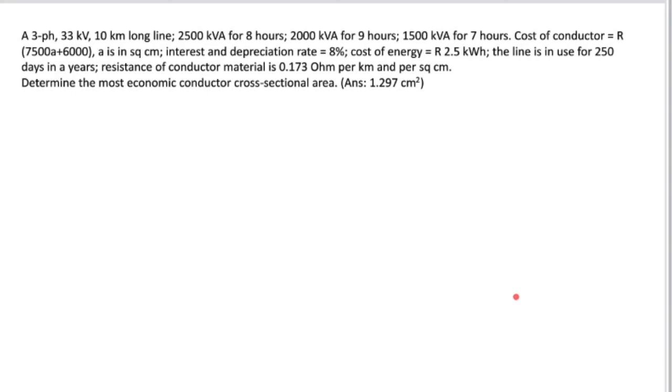Cost of energy is 2.5 rand per kilowatt hour, and the line is in use for 250 days in a year. The resistance of the conductor material is 0.173 ohm per kilometer per square centimeter. Now we have to determine the most economic cross-sectional area of the conductor. So read it yourself. Let me just rephrase these words so that it looks better.